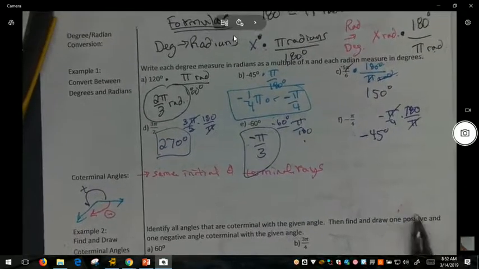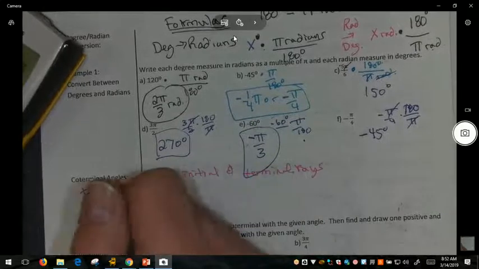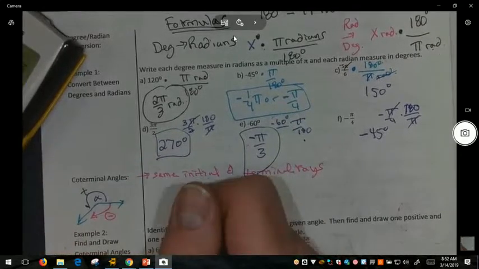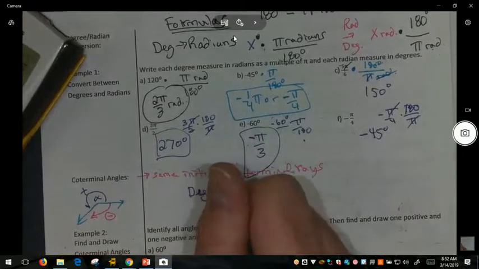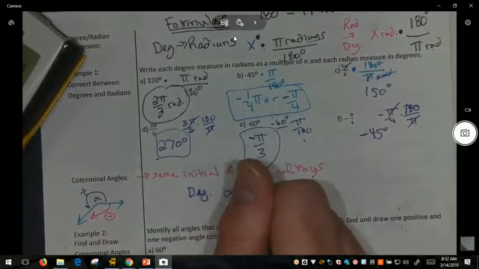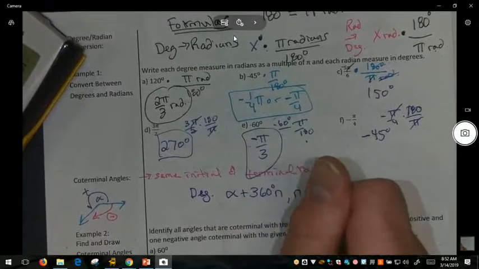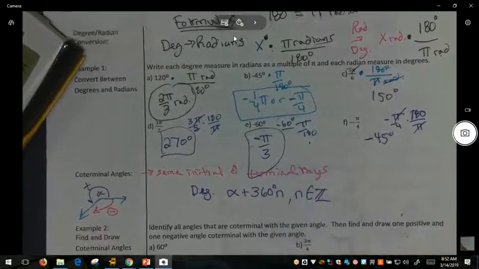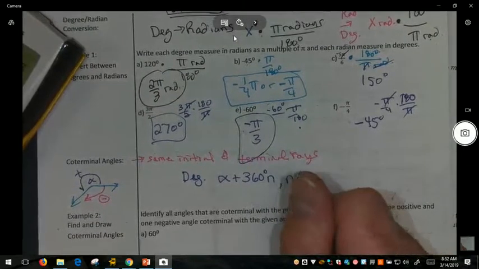So we have a formula to calculate this, where we're going to use alpha as our angle. In degrees, they can be calculated the following way: our angle plus 360 degrees times n, where n is an element of the integers. That's the number set notation for integers.